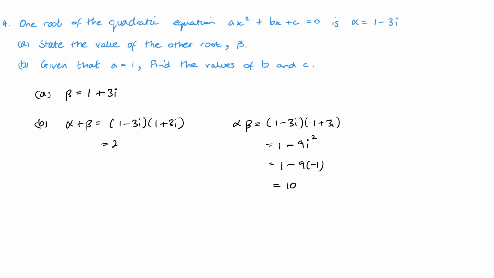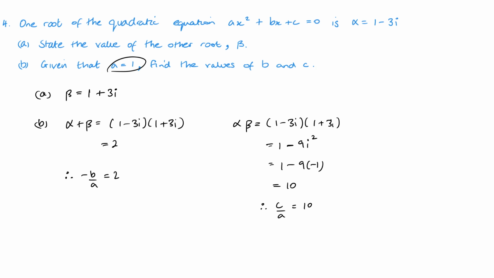And with both of these then, if you remember, we have minus b over a is equal to 2, and c over a is equal to 10. They told me that a equals 1. Obviously if it didn't tell me that a equals 1, then again, like the others, I can have multiples. Usually go with the smallest set of integers here, but any multiples work.